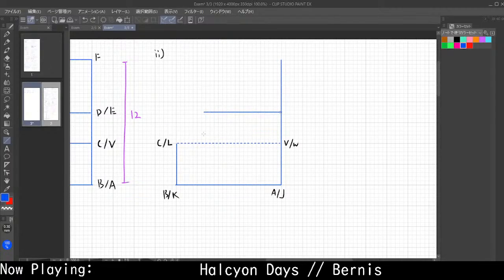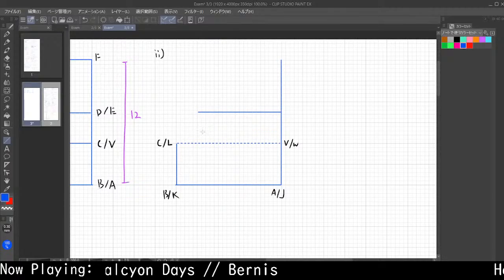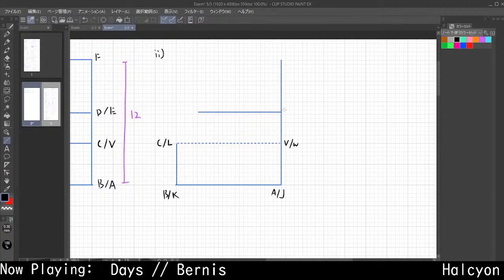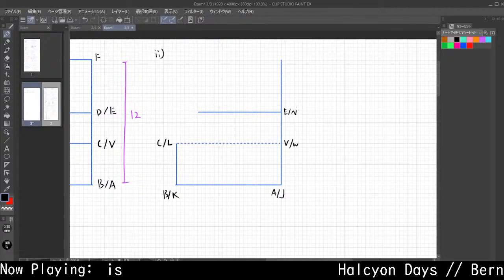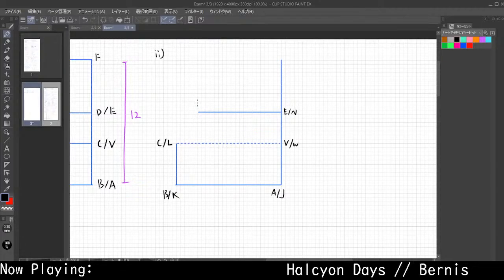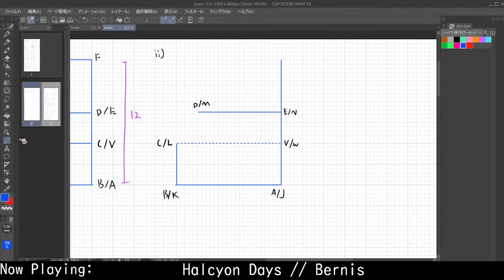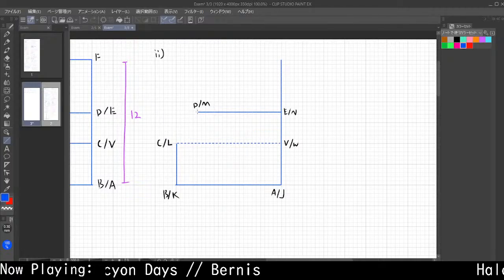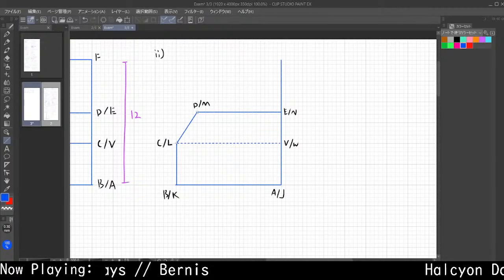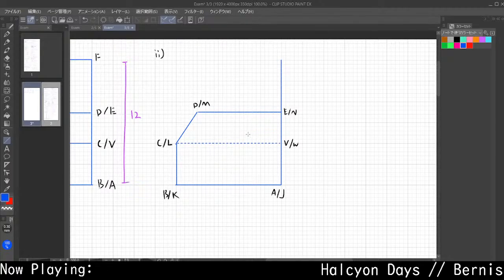In this case, I draw 4 boxes. So this particular point would be E slash N. This point would be D slash M. And you want to connect these two points to form a single line. So this connects to this, then that's that.